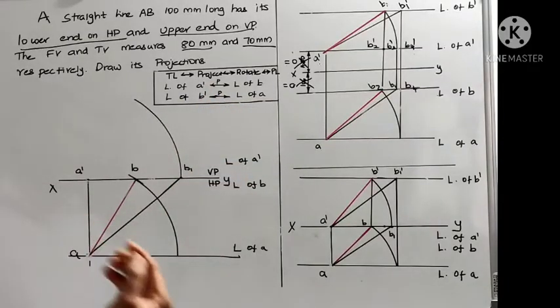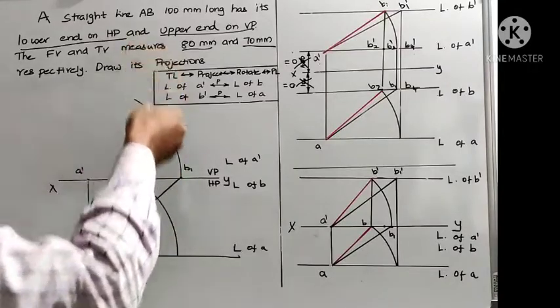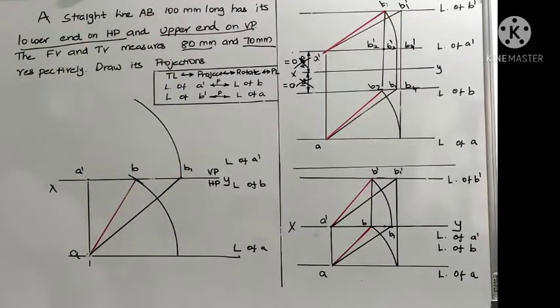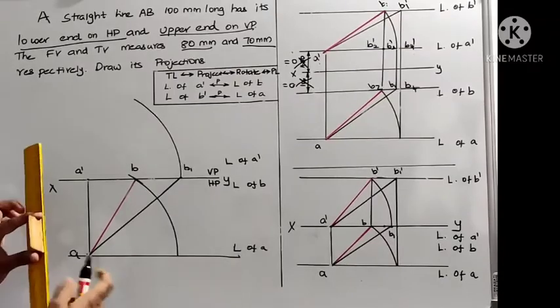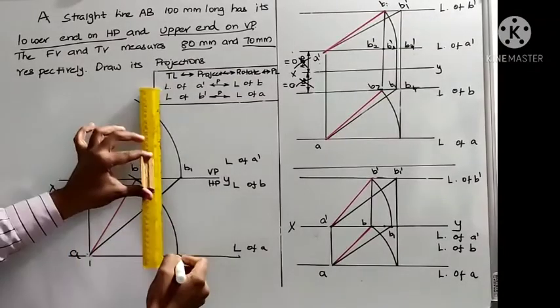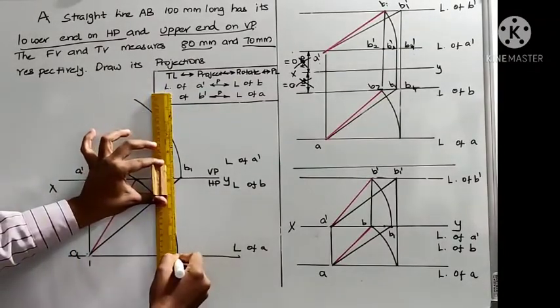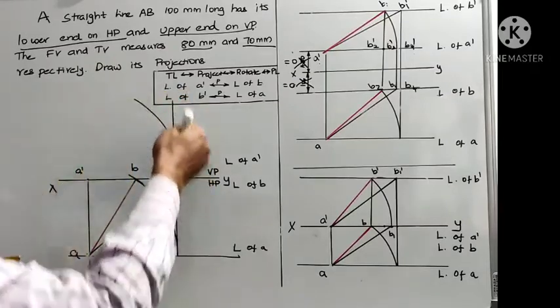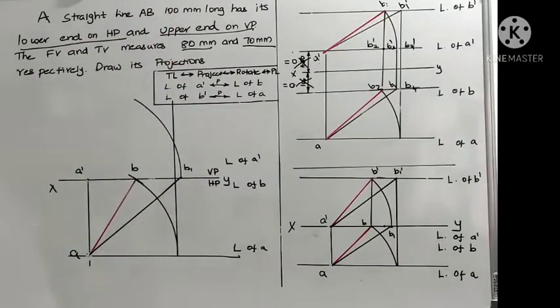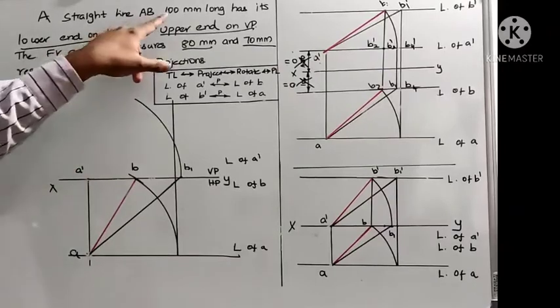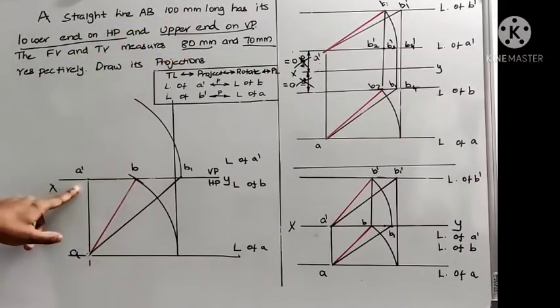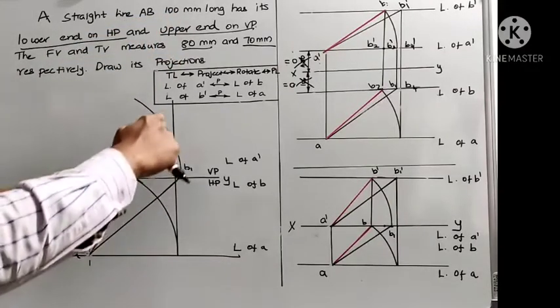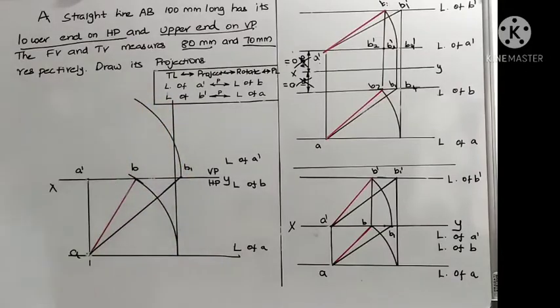So the locus of B dash is not known. So I need to project arbitrarily to some length, something like this. But what we know is, we know the true length, and we know one end, and we also know the other end will fall somewhere in this vertical line.